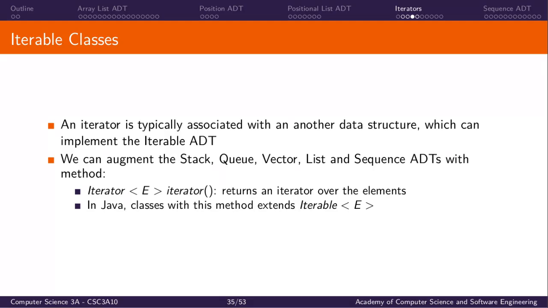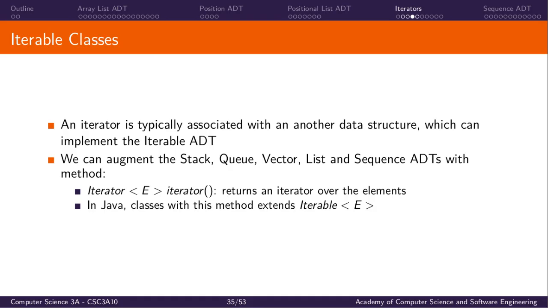However, if we don't know the size, then obviously the array is not useful. All right, but since we're usually creating an iterator at a particular moment in time, and that's exactly what Java does, it creates a snapshot, then if anything changes in the data structure, we don't want those changes to be propagated into the iterator, and so the array is a nice quick way to do it. The linked list will work just as well. Okay, a single linked list will have what we need as well.